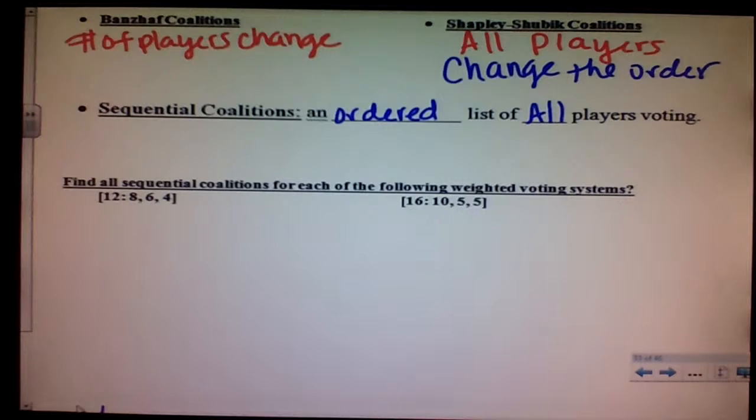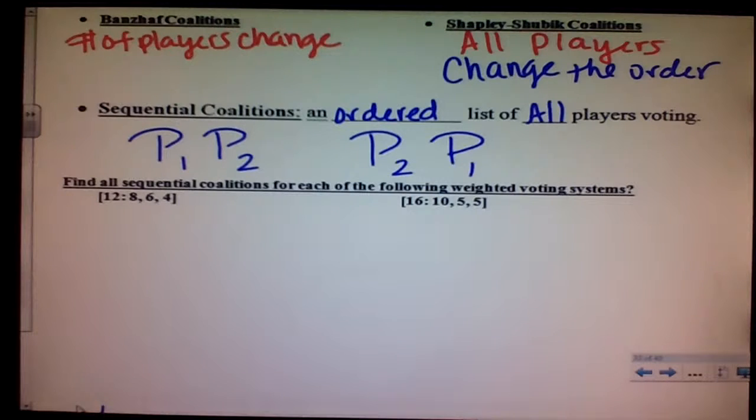In Banzhaf, order didn't matter. I could put 864 and it was the same thing as 846. It was still everybody together. Those are 2 different things when we do Shapley. So player 1 and player 2 going in that order is different than player 2 and player 1. It matters if Peter comes before Rodrigo or Rodrigo comes before Peter.